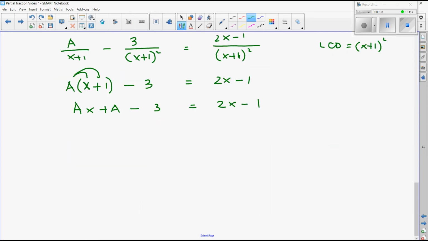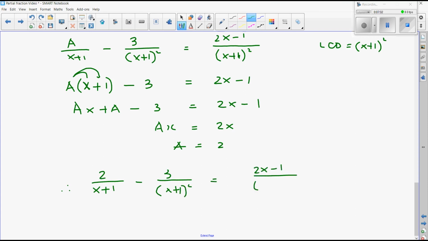I'm going to equate Ax equals 2x because they contain the same variable. So again I find A equals 2. So my fraction will be 2 over (x + 1) minus 3 over (x + 1)² equals (2x - 1) over (x + 1)².